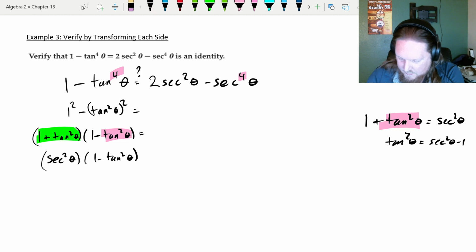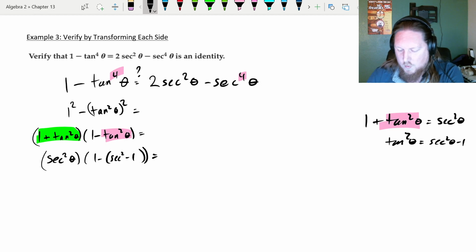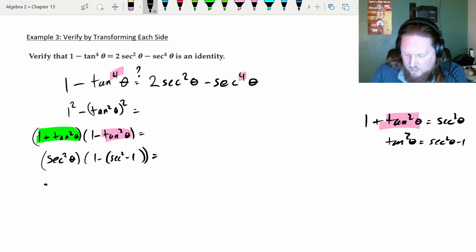Let me plug that in for that spot: secant squared minus 1. Now when I do that, I end up with secant squared theta times 1 minus negative 1, which would be 2, plus secant squared. Oops, forgot my plus sign in there.